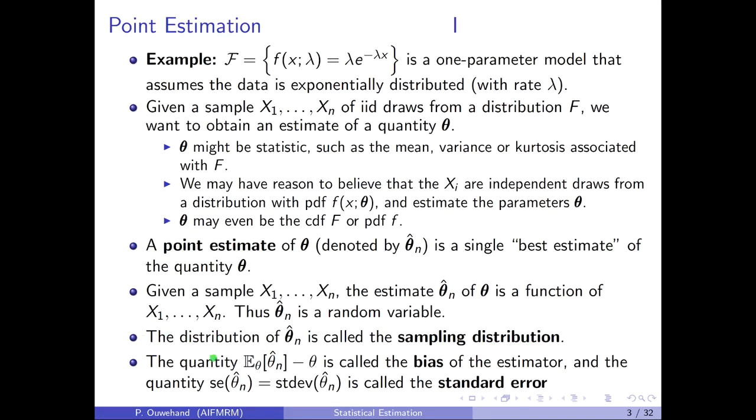In particular, it has a mean and a standard deviation. The distance from the mean of the estimator and the true value of the parameter is called the bias. The standard deviation of the estimator is called the standard error.